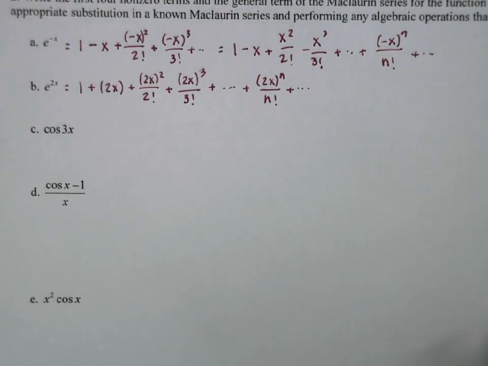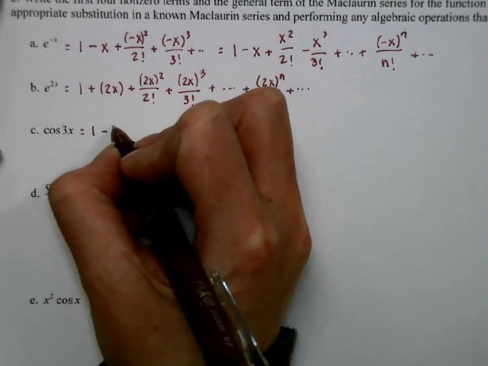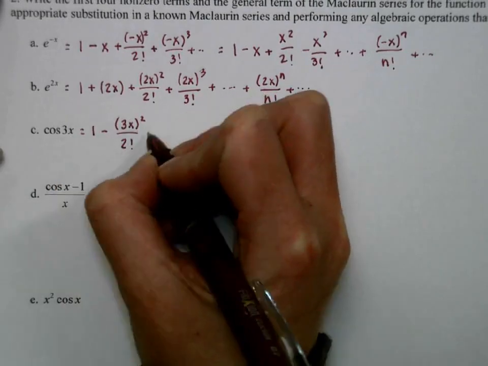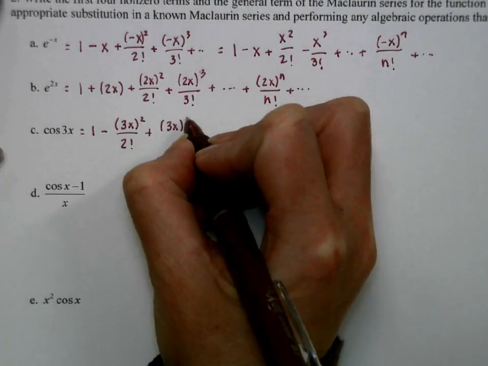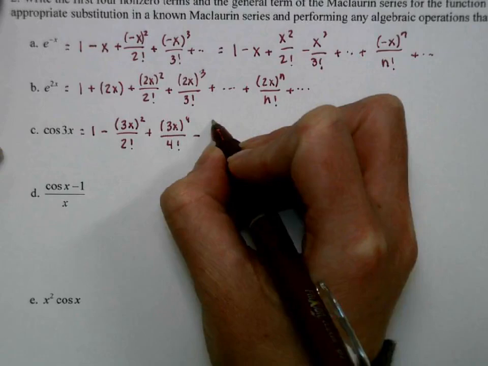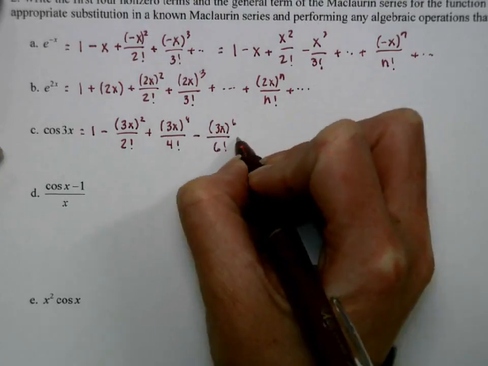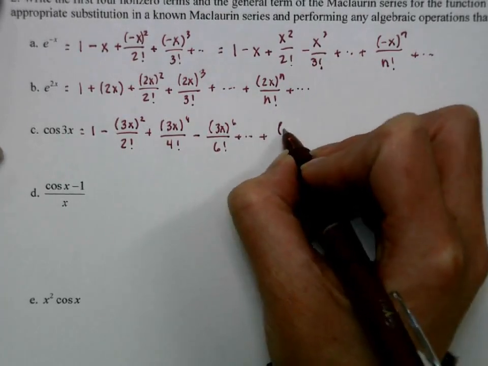Okay, we're going to substitute 3x into our cosine, which is our evens, and then substitute into the general equation.